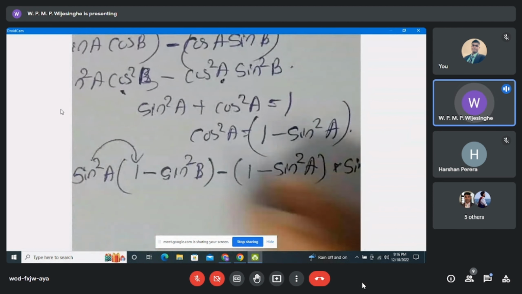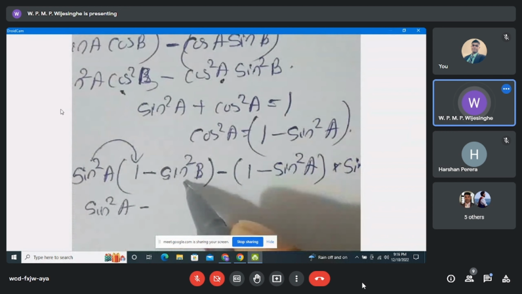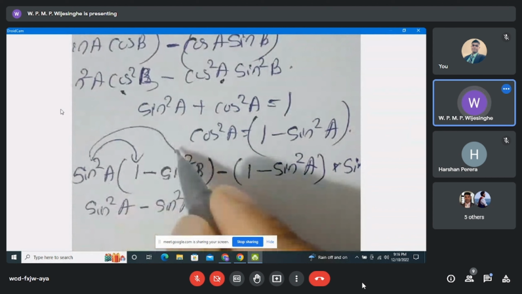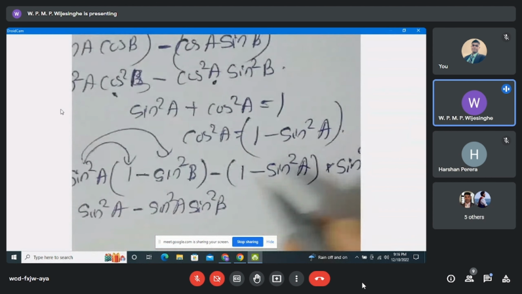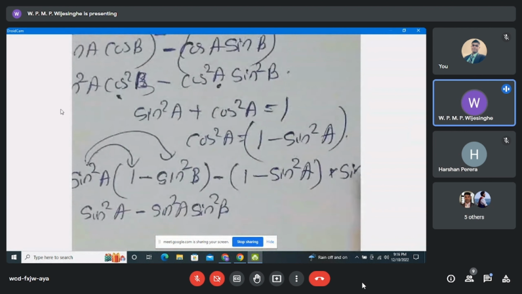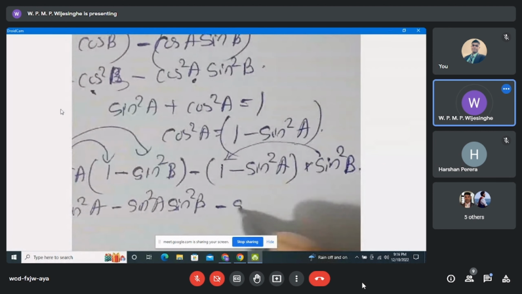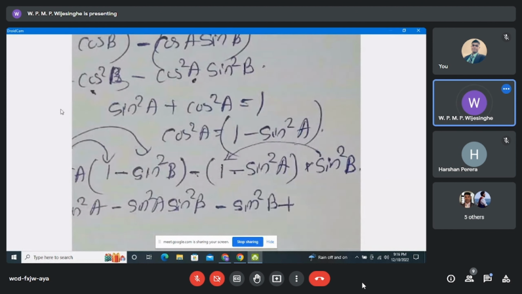Sin square A times 1, minus sin square A times sin square B, minus sin square B times 1, and minus minus sin square A sin square B. Here plus minus minus, it is plus.